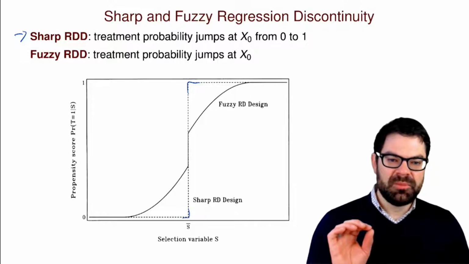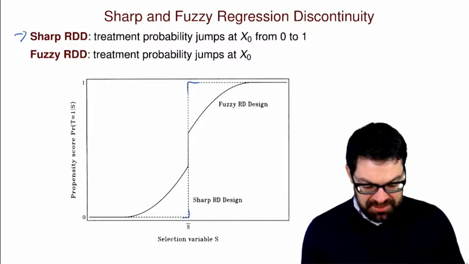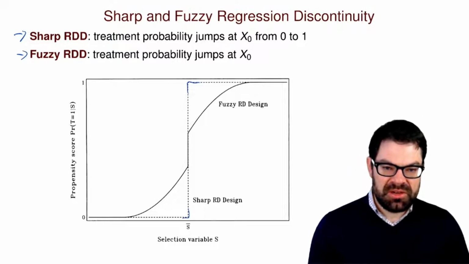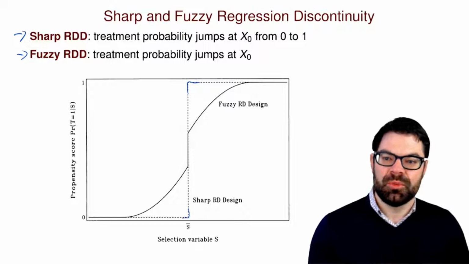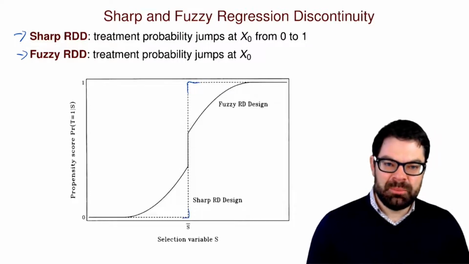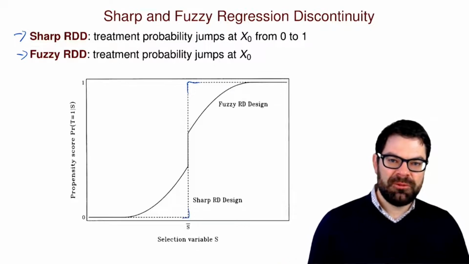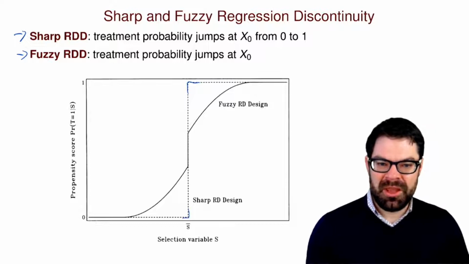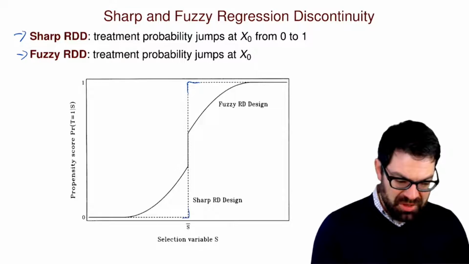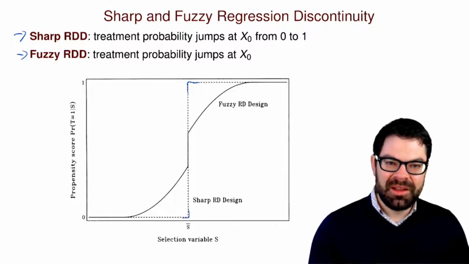However, one that is more common is fuzzy regression discontinuity designs, which is the more general case where the treatment probability jumps in general, but it doesn't necessarily jump from 0 to 1. The example of the emergency procedures for babies is probably a good one here. It's not that babies whose birth weight is just above the threshold do not get treatment in the hospital at all.